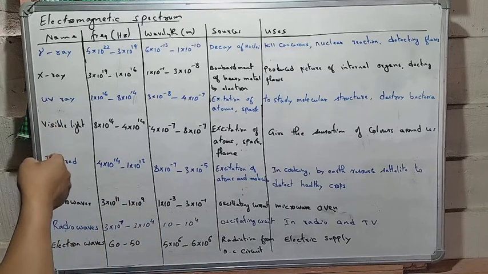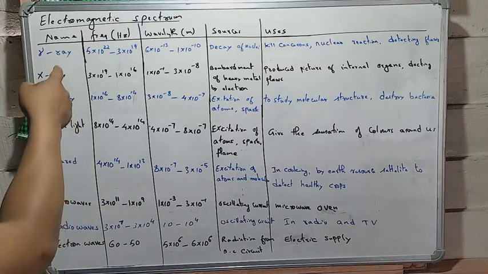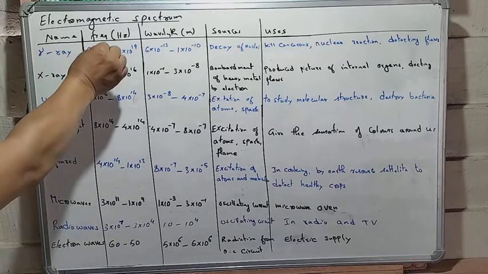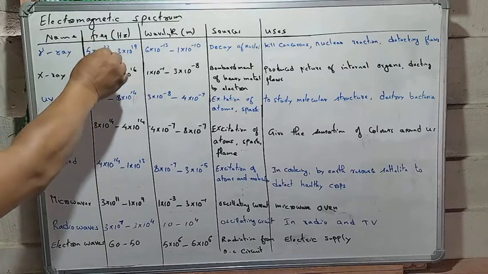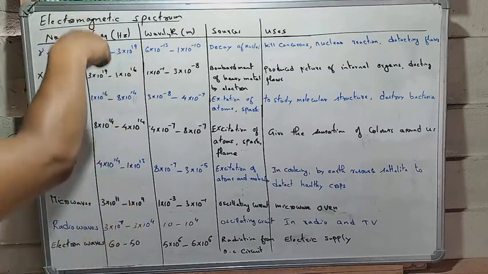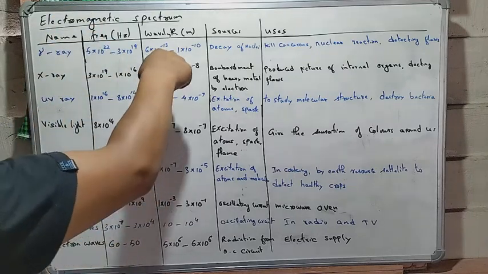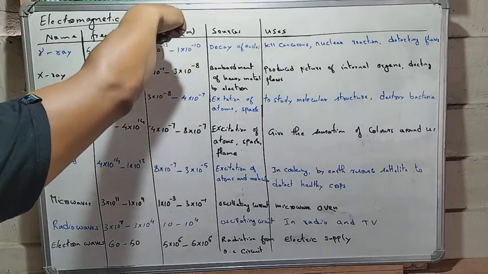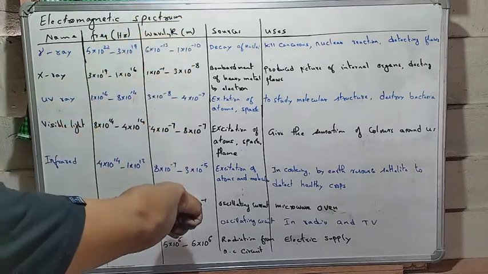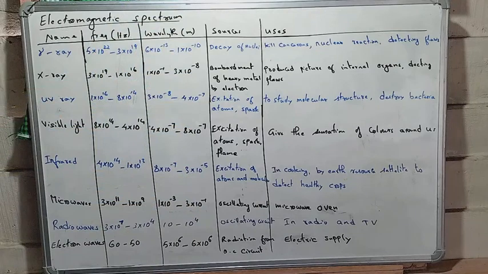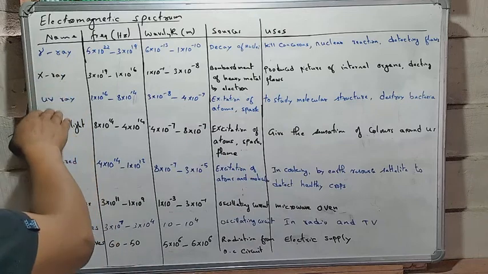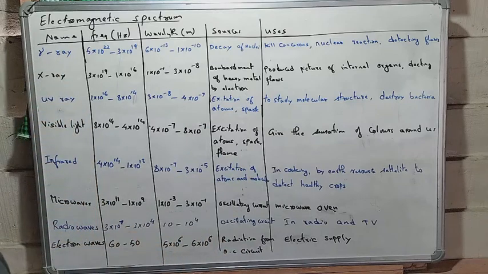Here we have arranged the different types of electromagnetic wave in decreasing order of frequency as it goes down, but the wavelength is increasing as you move down the table. Now there is one common property of these different types of electromagnetic wave.